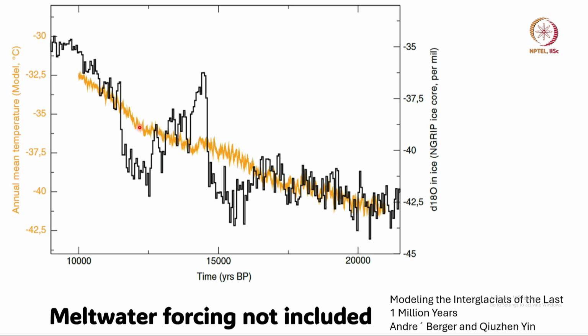It reproduces the gradual decline in the annual mean temperature of the earth over the long term, but does not reproduce these oscillations. So, what it shows clearly is that these oscillations, whose time scale is 1000 to 5000 years, are not caused if you do not introduce the meltwater forcing.